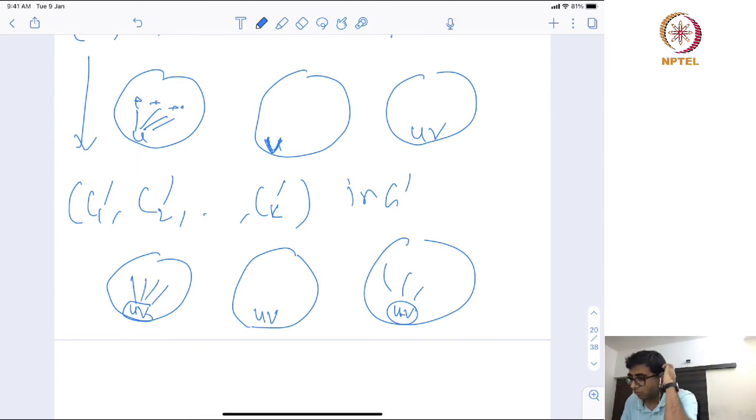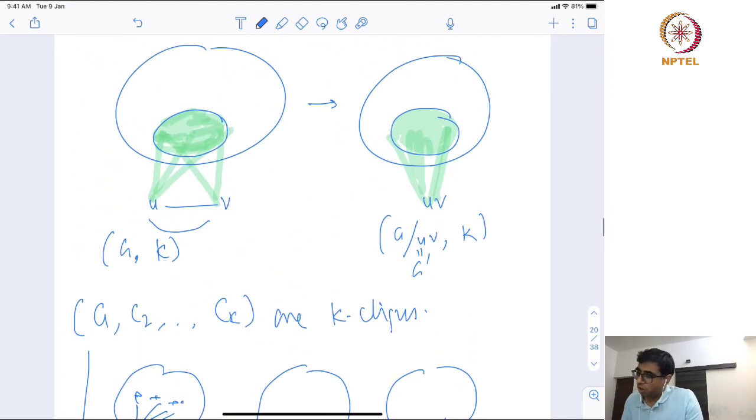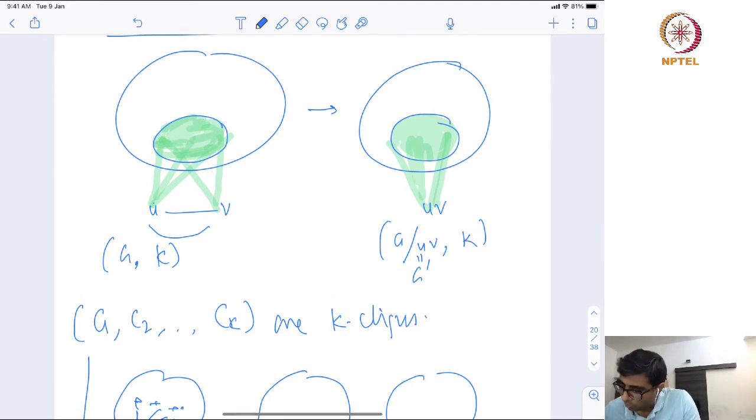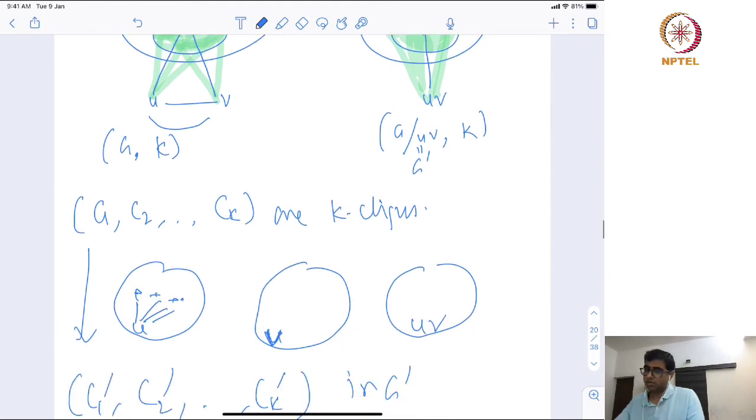Every edge which is present in graph G is also present in graph G prime, in the sense that if you had two copies of an edge, you are just keeping one copy.